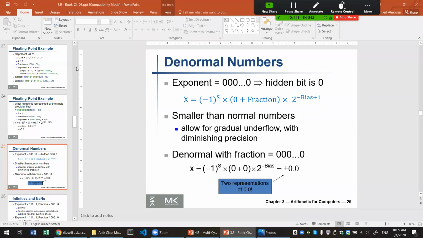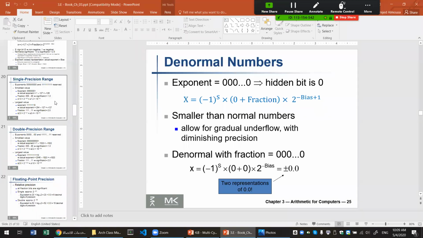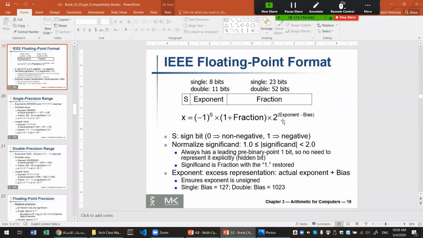This may be a little bit counterintuitive, because in regular or normal numbers we have the exponent minus the bias. So one would think, okay, when the exponent is zero, it is 2 to the minus the bias. And this is what was in the slides of the book itself, and this is actually not correct.